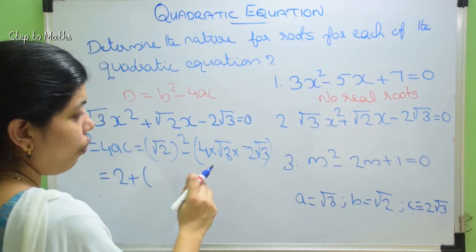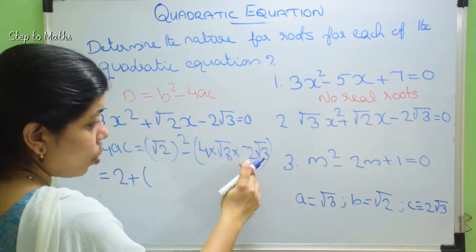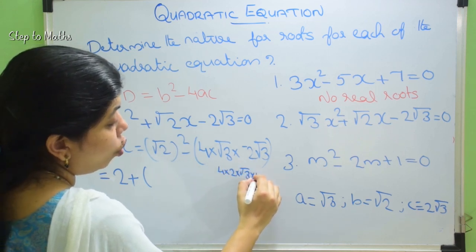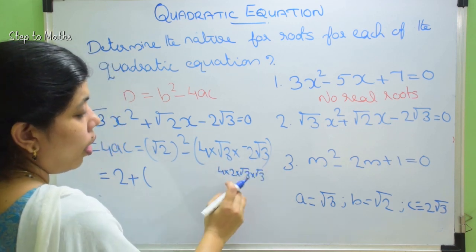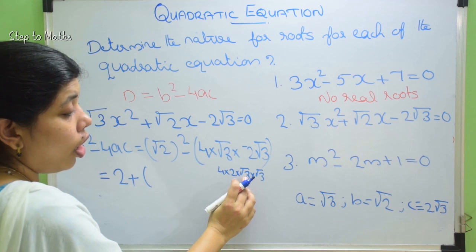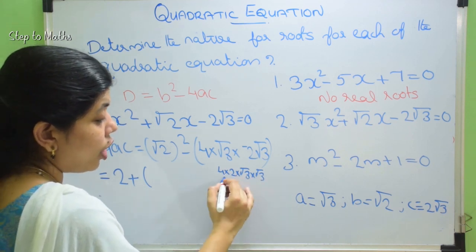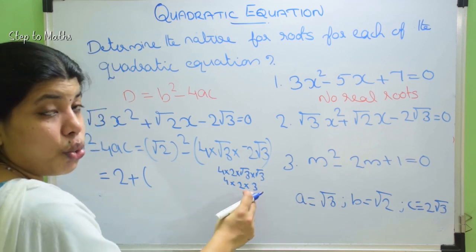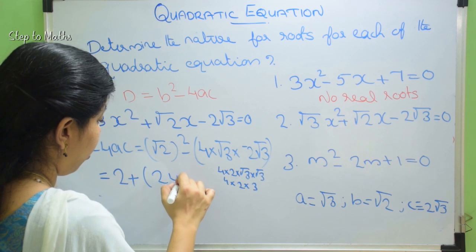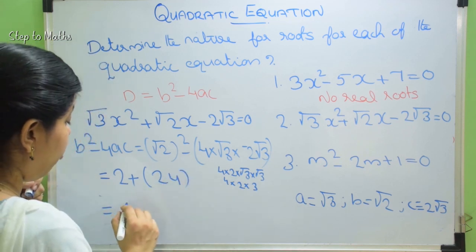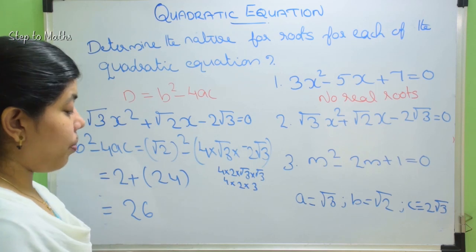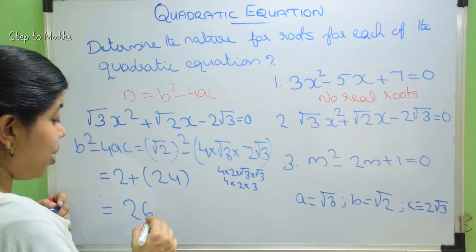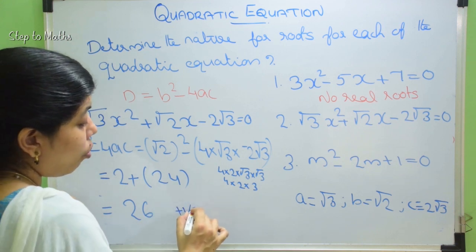Then it becomes positive: 4 into 2 into root 3 into root 3. 4 into 2 is 8, root 3 into root 3 is 3, that means 4 into 2 into 3, 8 into 3 is 24. 2 plus 24 equal to 26. The value of the discriminant b square minus 4ac is 26, which is a positive value.